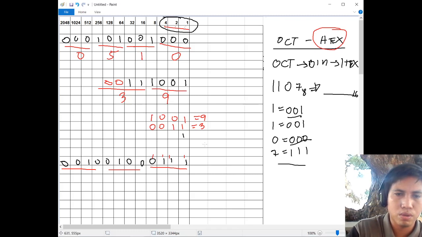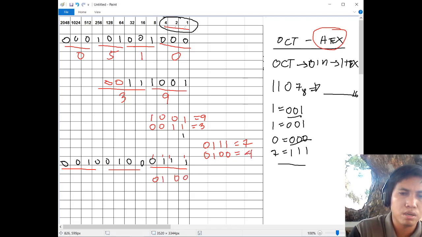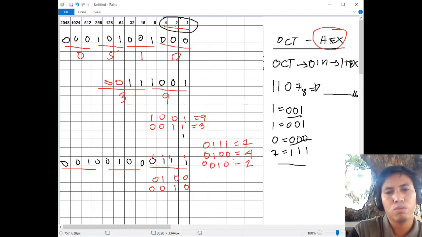So 0, 1, 1, 1 is equivalent to 7. The next, 0, 1, 0, 0, that would be 4. And then 0, 0, 1, 0, that would be 2.